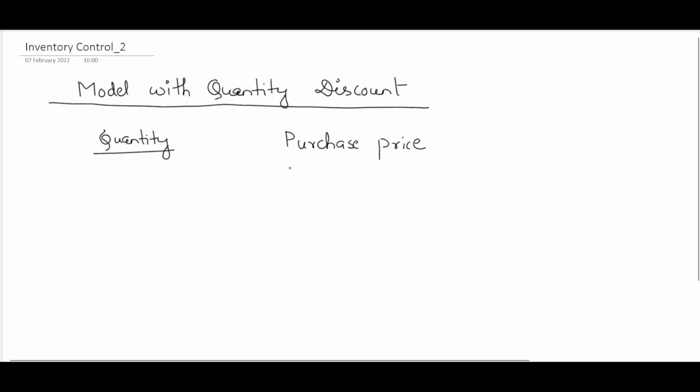If quantity Q lies between 0 and B1, the purchase price is capital P1. If quantity lies between B1 and B2, the purchase price is P2.